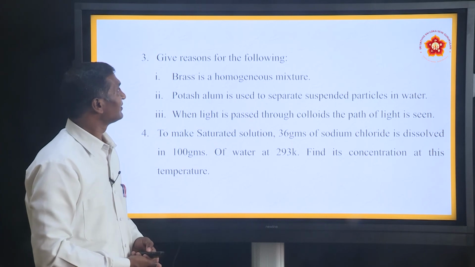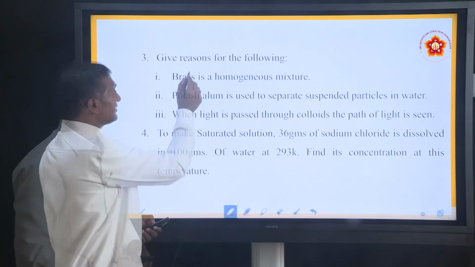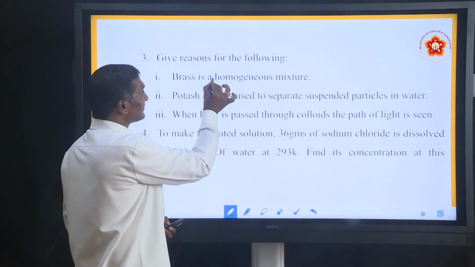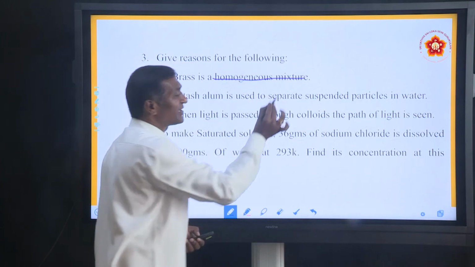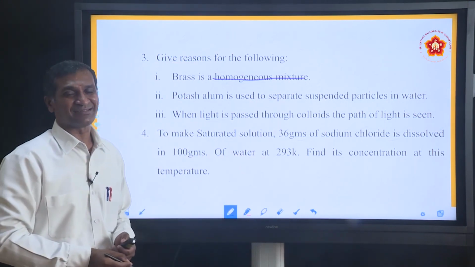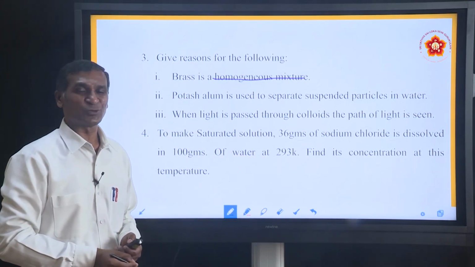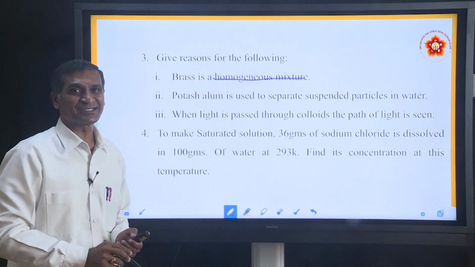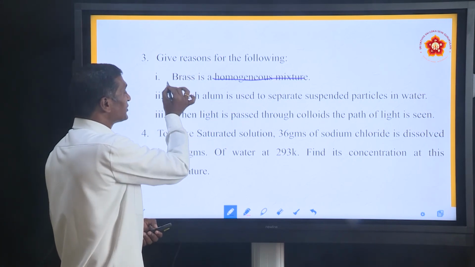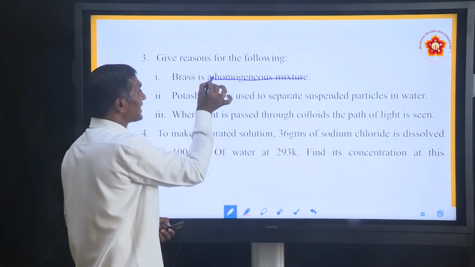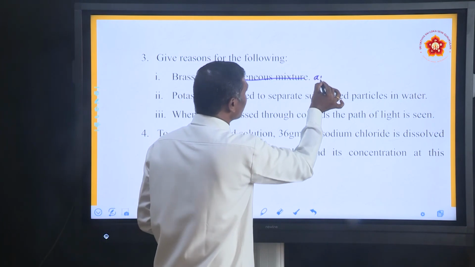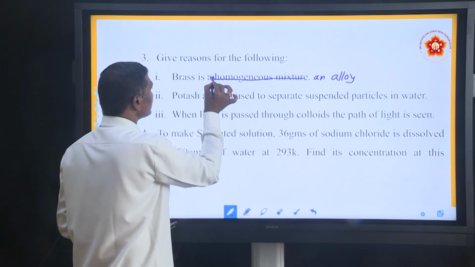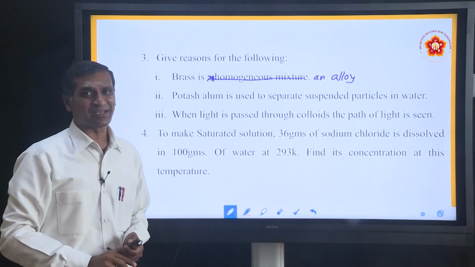The third question, give reasons for the following. The question is slightly wrong, so write down: the first one, brass is an alloy.